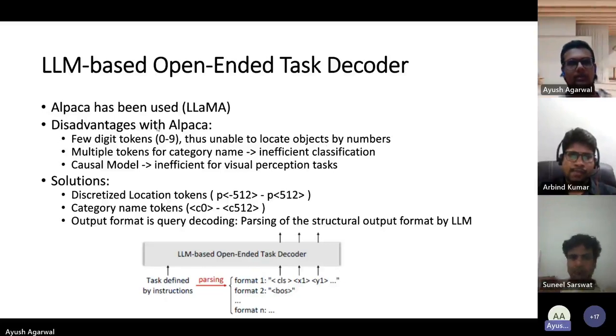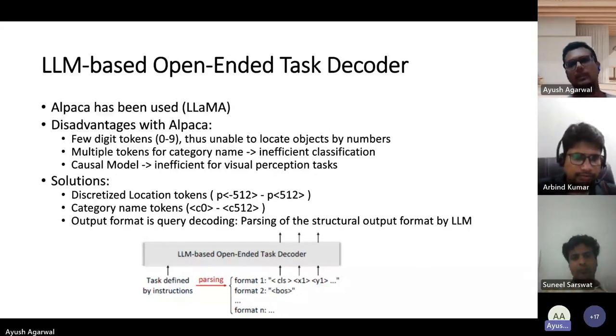Although this is somewhat better for calculation purposes, when we are dealing with multi-digit numbers it would not be very efficient, and it can easily generate some unexpected outputs. Then there are multiple tokens for a category name, which would lead to inefficient classification.